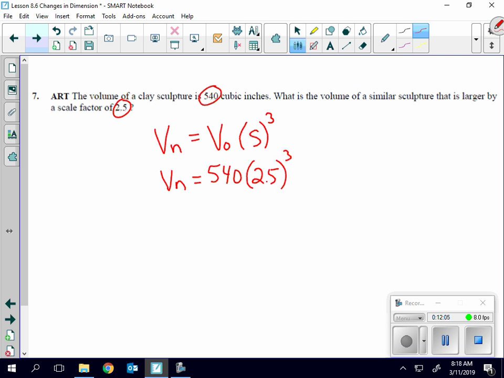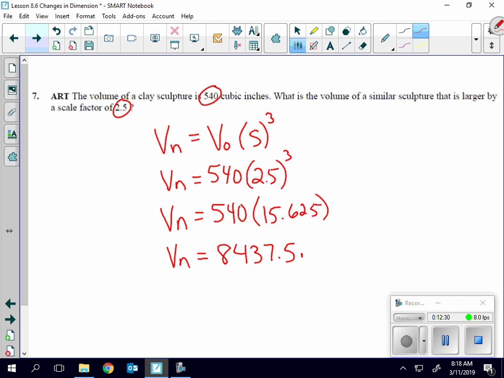Raise 2.5 to the third power. I don't need to round here, it doesn't go out very far for decimals, so this is going to be 540 times 15.625. And last step, multiply that times that original volume. I get the new volume to be 8,437.5 inches cubed.